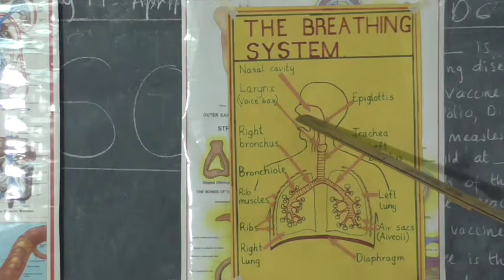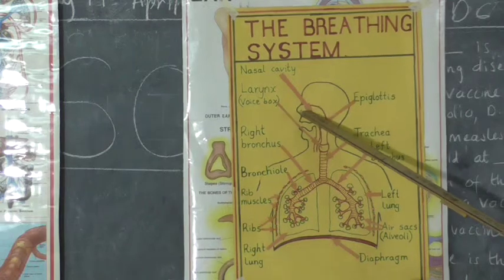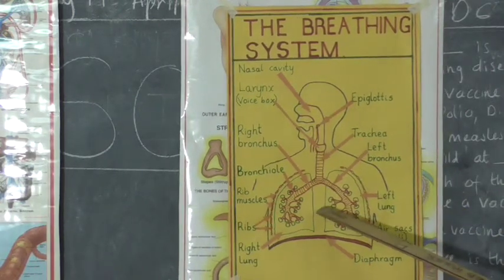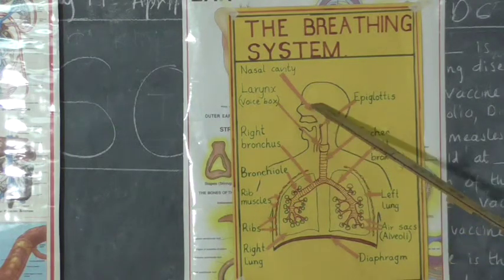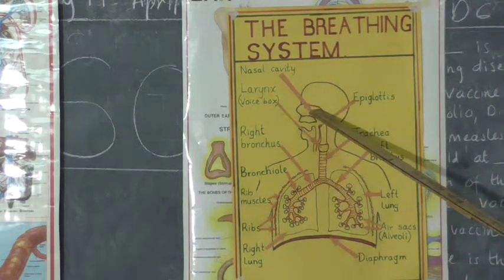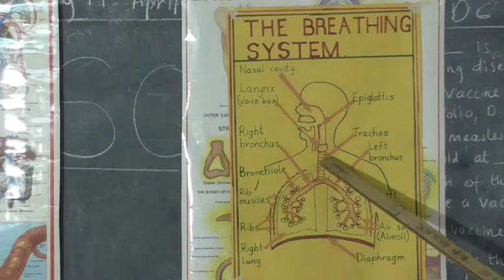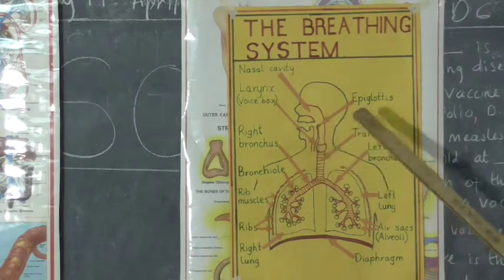When we breathe in, like I mentioned initially, we occasionally breathe in dust particles, and our body does not want dust particles. So the nasal cavity traps dust, so that the dust is not breathed into the system. The air that goes down is warm and clean.